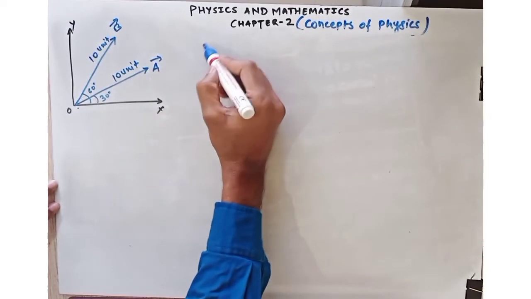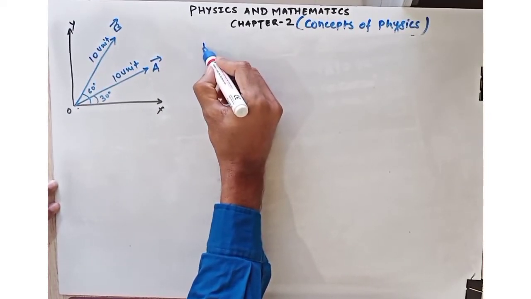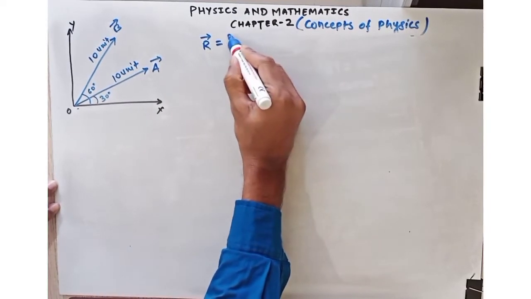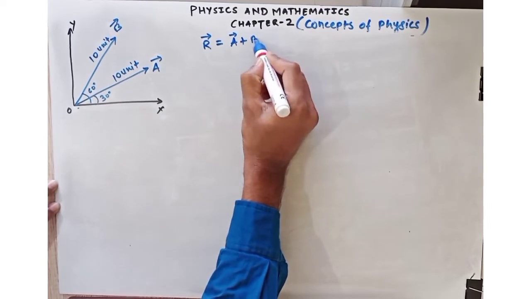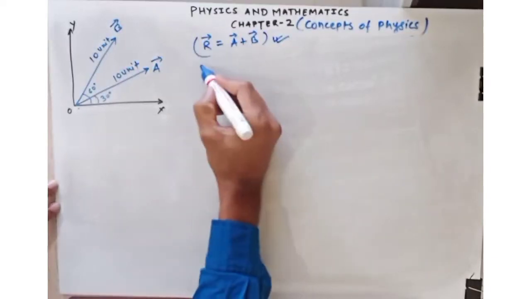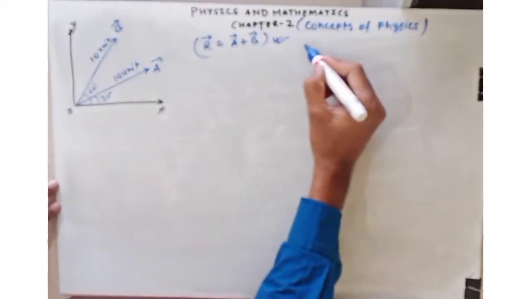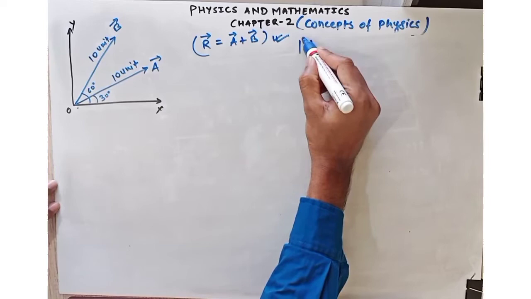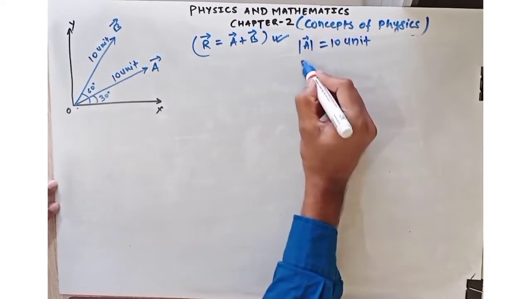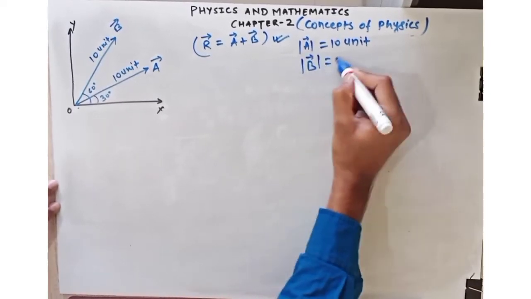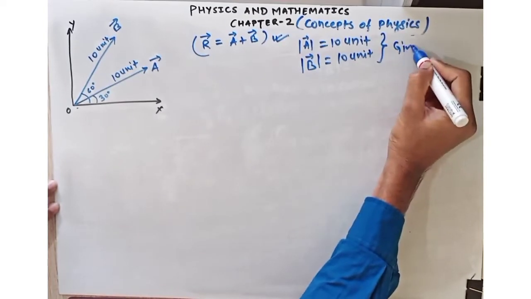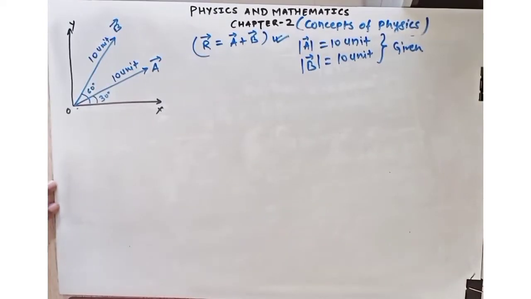Let us represent our resultant vector as R. We need to find the vector sum of vector A and vector B. Given information is: magnitude of vector A is 10 unit, magnitude of vector B is 10 unit, and angles are also given.